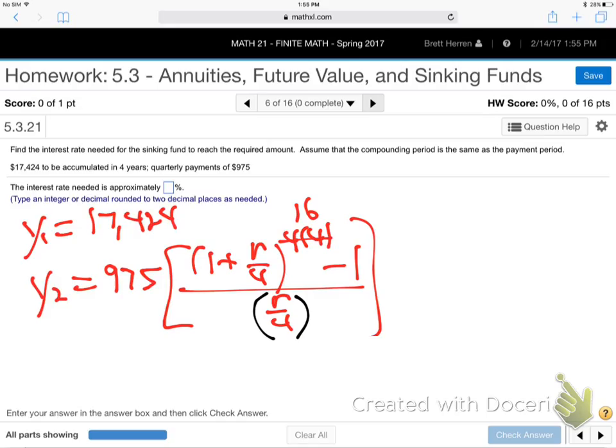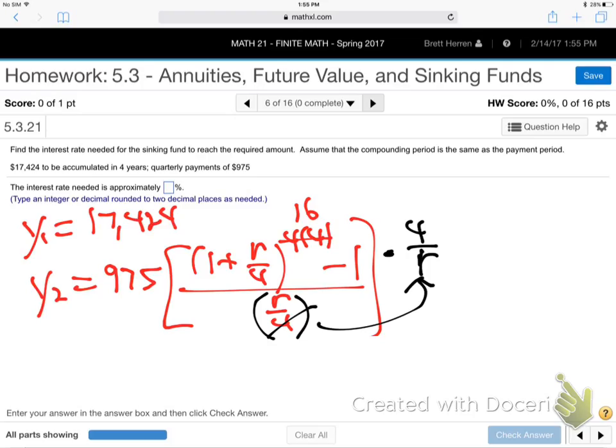For example, that r over 4 in the denominator has to be parenthesized. Or you could do the flip-it-up thing I told you about: times 4 over r. Whenever you have a fraction in the bottom of a fraction, I think it's easier to flip it up, because dividing is multiplying by the upside down.